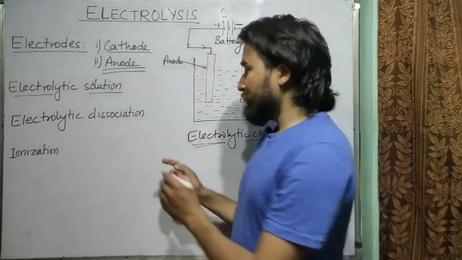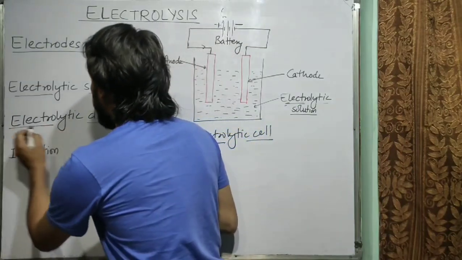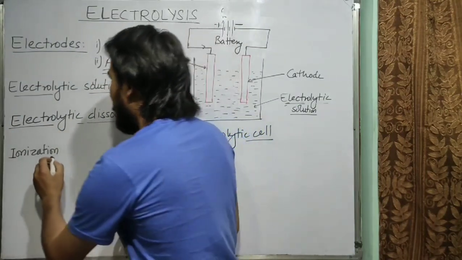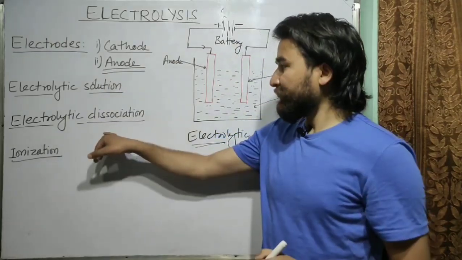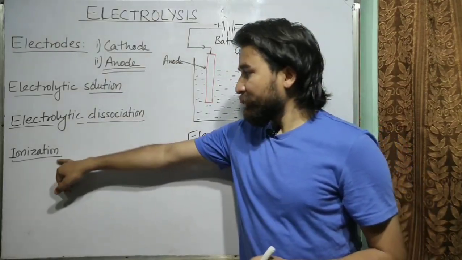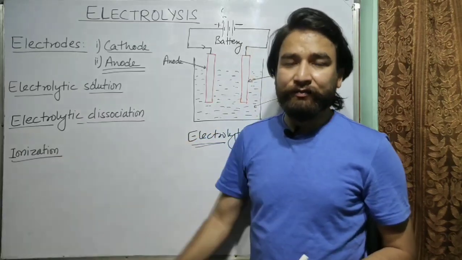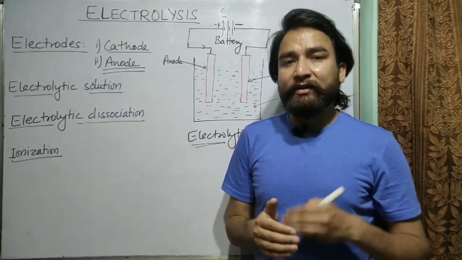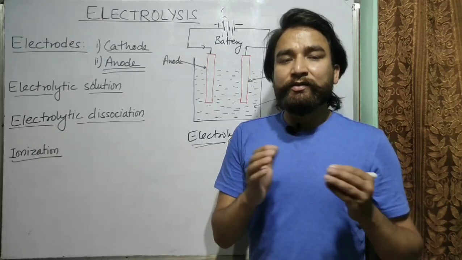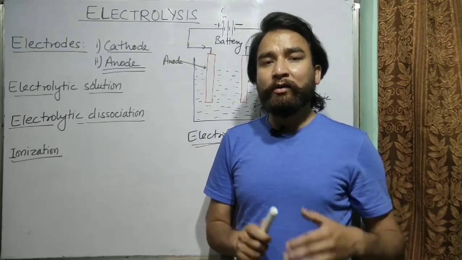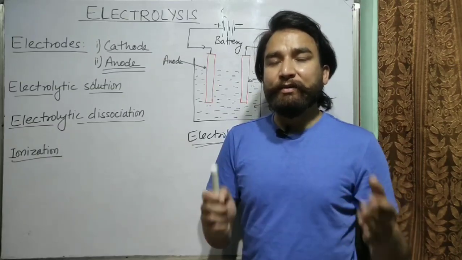Now we will see two terms, that is electrolytic dissociation and ionization. So let's see what is the meaning of electrolytic dissociation and what is the meaning of ionization. You know that when an electrolyte is added to water to form its aqueous solution, the ions will separate.